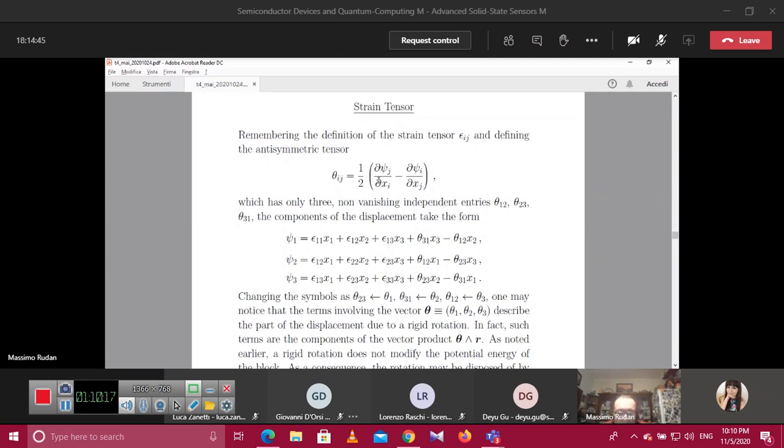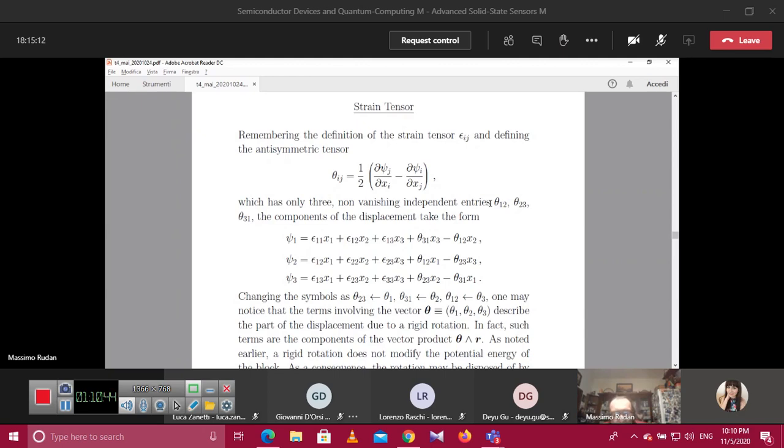Okay, obviously you see from the definition. And the entries of indices 2,1, 3,2, and 1,3 are the negative of the entries of indices 1,2, 2,3, and 3,1. So this tensor is a tensor with 0 diagonal and anti-symmetric, okay?